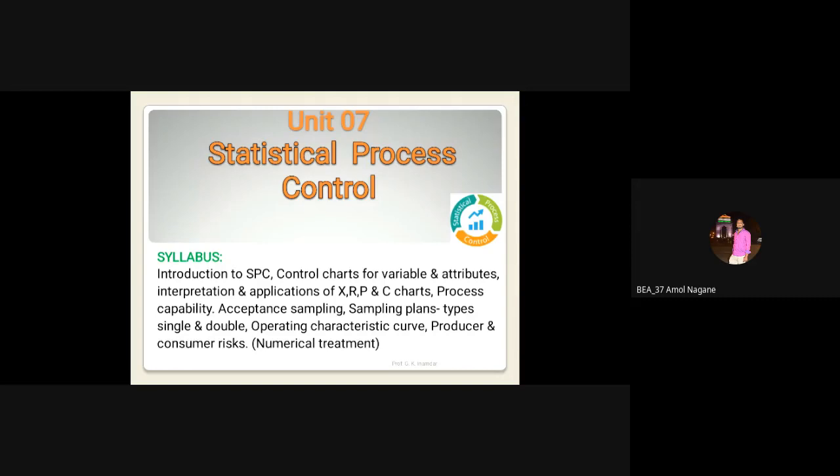According to the data, whatever statistics are available, they have compared how many vaccines are produced, how many vaccines are remaining, and how many people are remaining. So this is statistics. According to the statistics, we can take the decision.